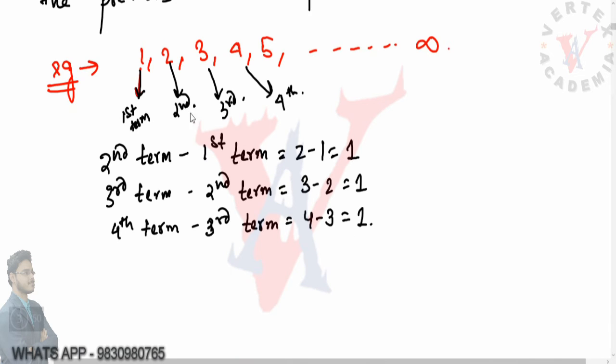So here we can observe one thing: the difference between the second and first term is 1, the difference between the third term and second term is also 1, and the difference between fourth term and third term is also 1.